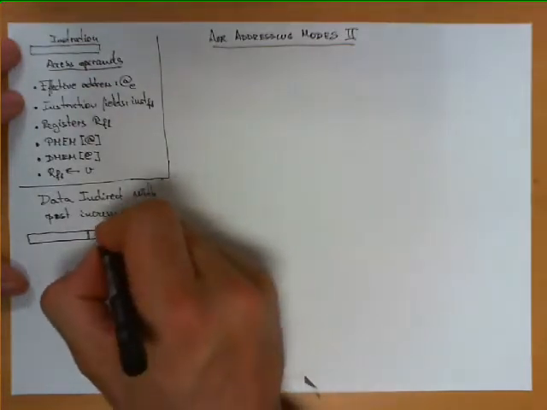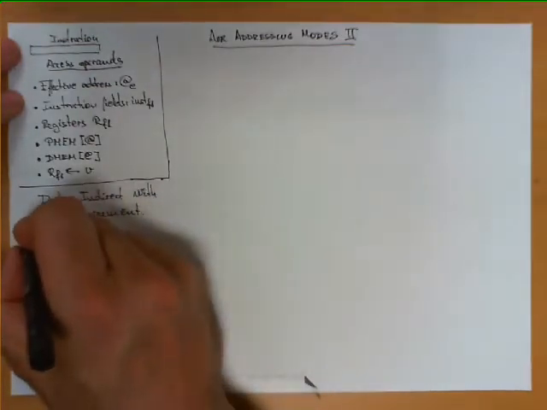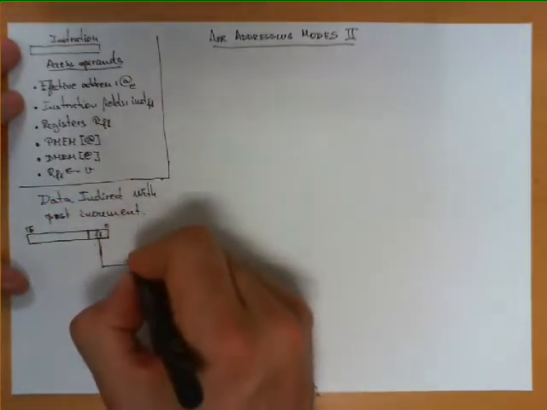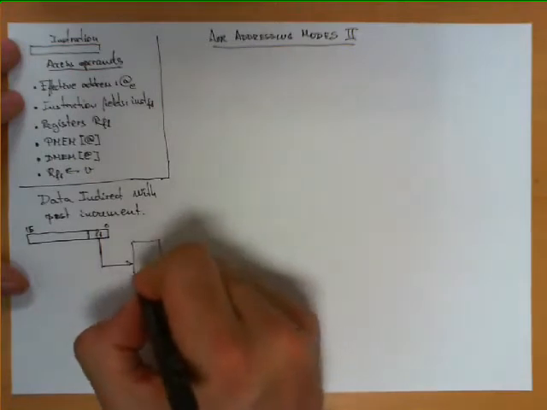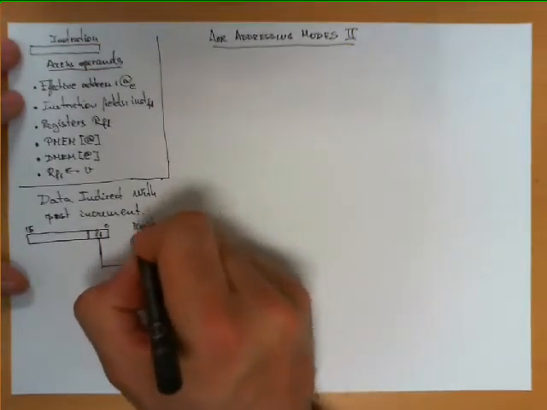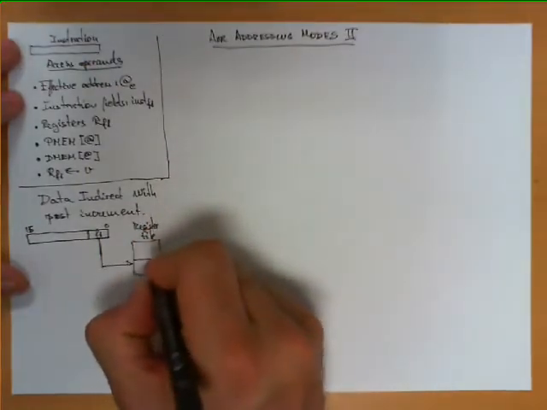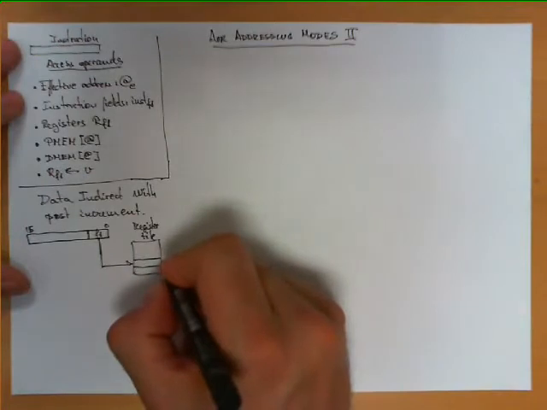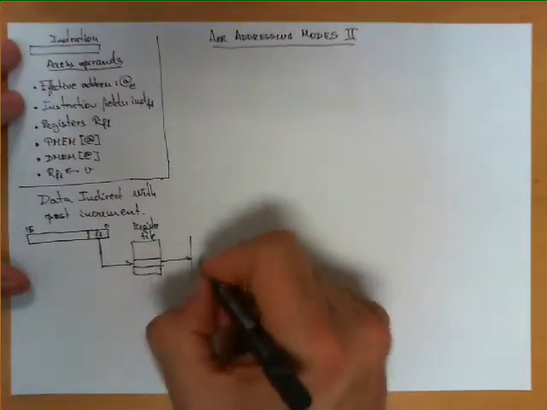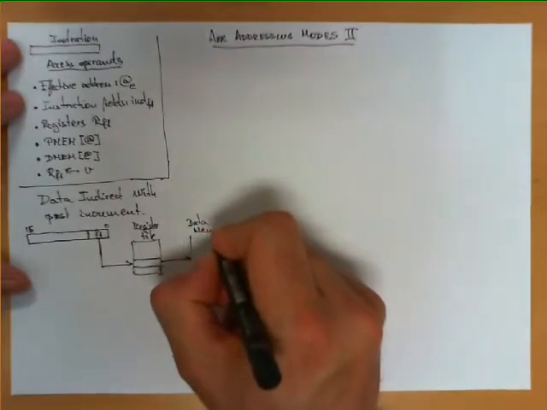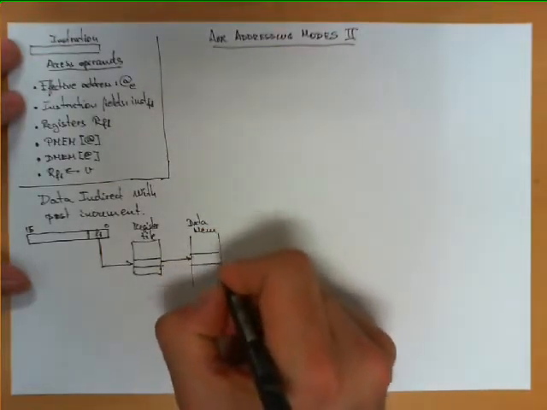This instruction, which by the way has typically 16 bits, this field encodes one of the registers in the register file. So this is the register file. We go to one of these registers, and in one of these registers what we access is the address that we use to go to the data memory. And there is the operand.